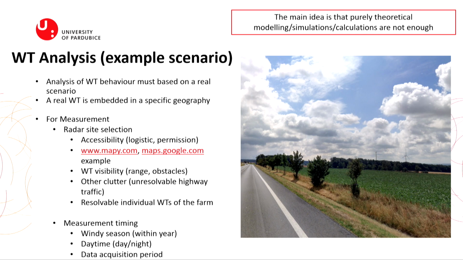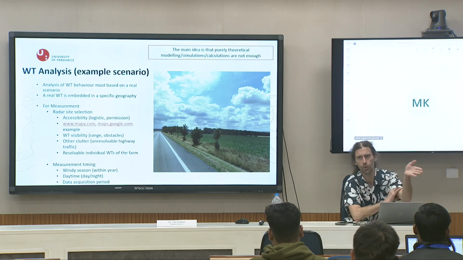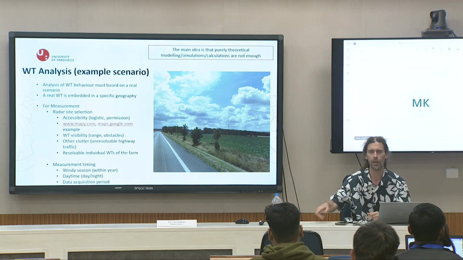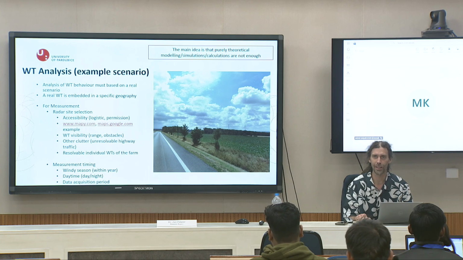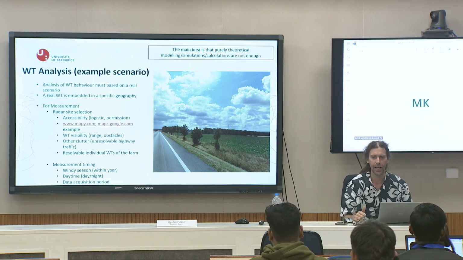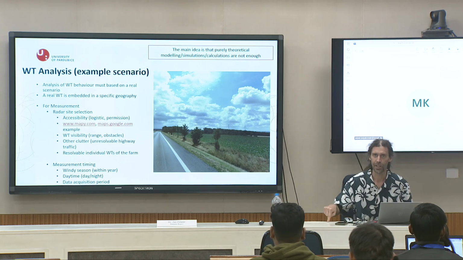Imagine that I need to make some measurement. Okay, I can look at a map, Google Maps, mapy.com and so on, and check it. Okay, it is a good place for measurement, I will go there. But it is a map. It is not exactly right. So you always need to go to Street View or something like this and check: did I select a proper measurement place?